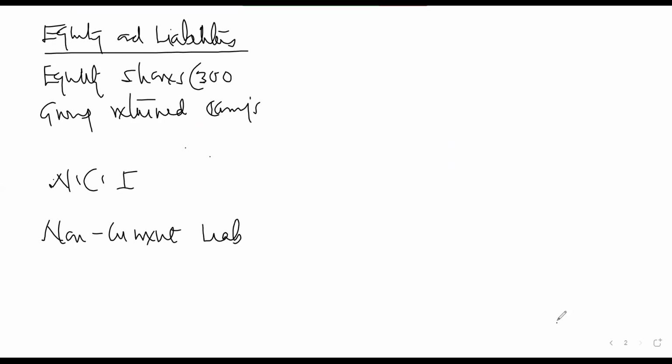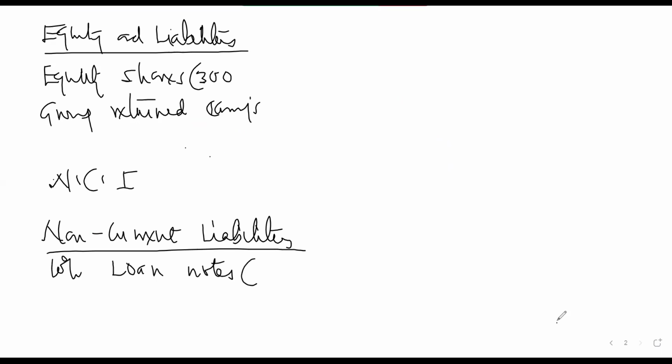Non-current liabilities, what do you want to go about there? We have the 10% loan. What are the figures? 120 and 20. So you can leave a space, maybe you might be having a different item under non-current liabilities.